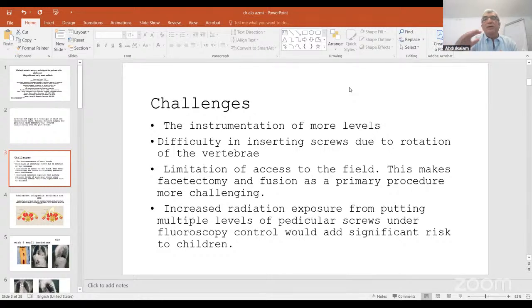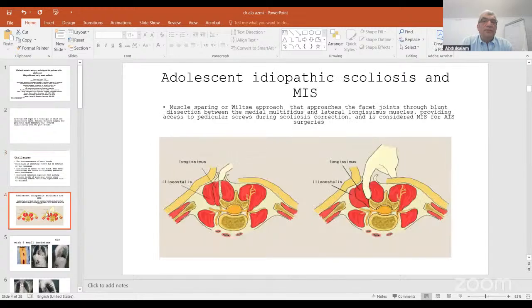You might have the concave side and you might tilt a lot. There is limitation of the axis of the field, which makes facetectomy and fusion as a primary procedure more challenging, since most of our procedures are fusion. So you need to do facetectomy and you need to have appropriate fusion. There is also increased radiation exposure from putting multiple levels of pedicle screws under fluoroscopy control. That would add significant risk to the children, and not only to the children, but also to the surgeon.